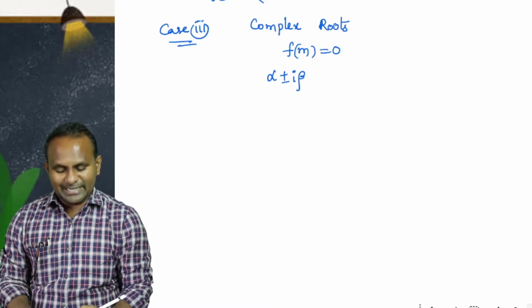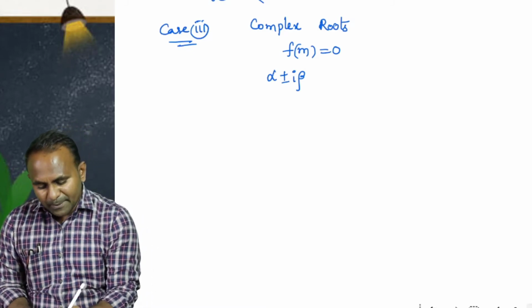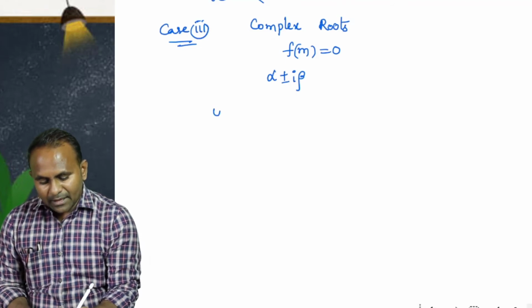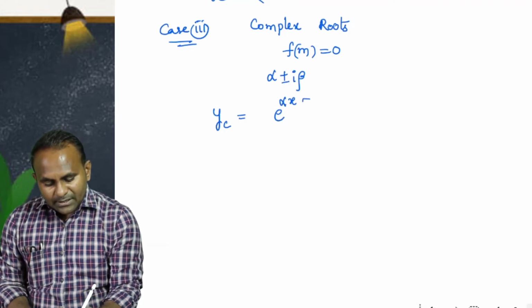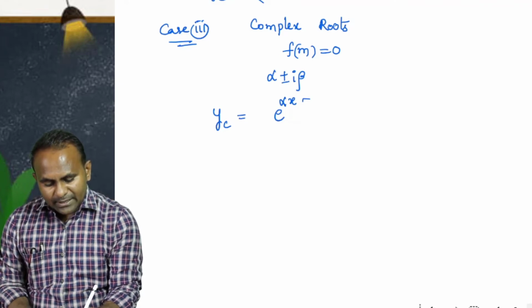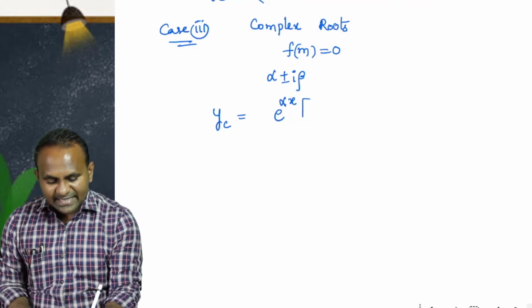Then according to these roots, your complementary function will be e power real part of the complex number times x, into c1 cos beta x plus c2 sin beta x.